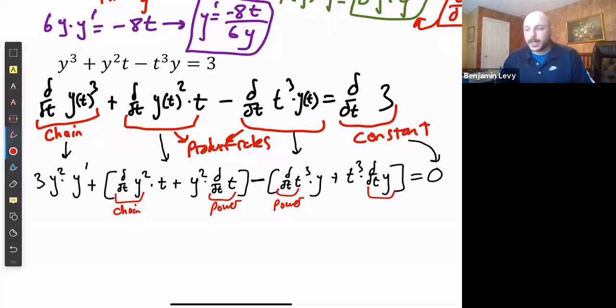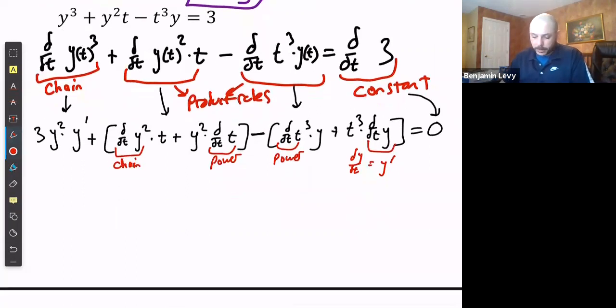The last one's not either of those things, right? We're just doing d over dt of y. This is just dy dt, which is just y prime. Right? It's not a chain rule. It's just dy dt. So when you have just y raised to the power of 1 and you take d over dt of that, it just becomes y prime.